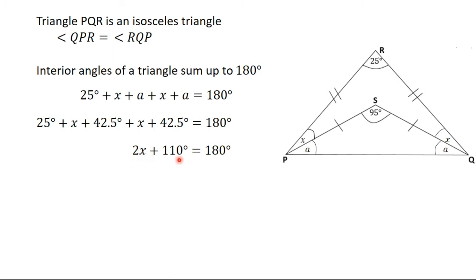So 2S plus 110 degrees will give us 180 degrees. 2S will give us 180 degrees minus 110 degrees. 180 minus 110 is 70, so 2S will give us 70 degrees. We divide both sides by 2 and we are getting S to be 35 degrees. So from here, we have used the properties of an isosceles triangle to find the value of S.